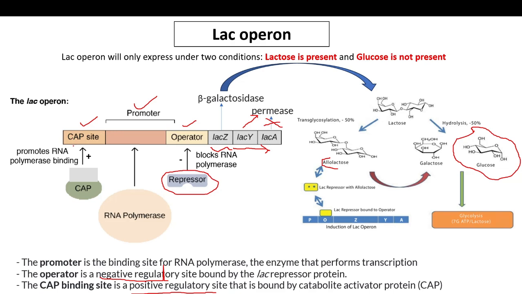Now the question should come to your mind: how is this operon actually sensing the amount of lactose or glucose? Because we talked about how it will work only when lactose is present and glucose is not present. How is this operon sensing whether lactose or glucose is present or absent?